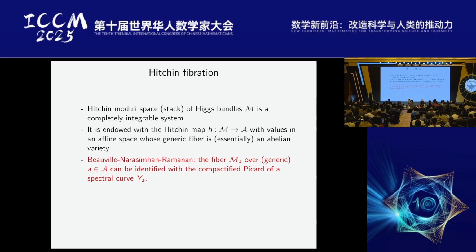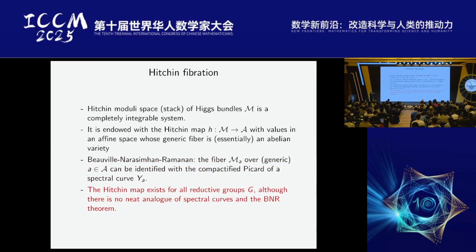From the algebraic point of view, the generic fibers are essentially abelian varieties. This can be made very precise, first by Hitchin's spectral curve, and more generally by Beauville, Narasimhan, and Ramanan, who proved that M_a can be identified with the compactified Picard of the spectral curve. The curve here can be singular, but it has to be reduced.